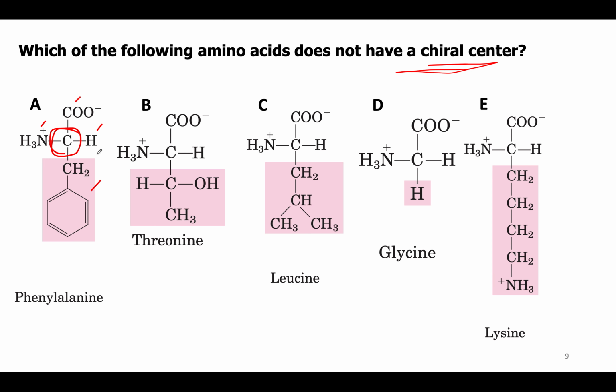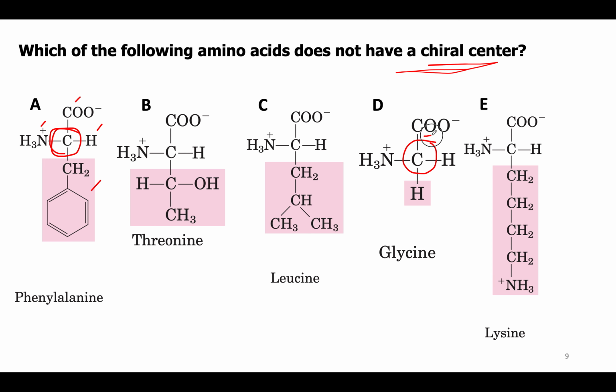Now this is phenylalanine. Does it have a chiral center? The answer is yes, because the four chemical groups attached to the carbon atom are different. Threonine, yes. Leucine, yes. Lysine, yes. But when I look at the structure of glycine, I find that the four chemical moieties attached to the carbon atom are not different.